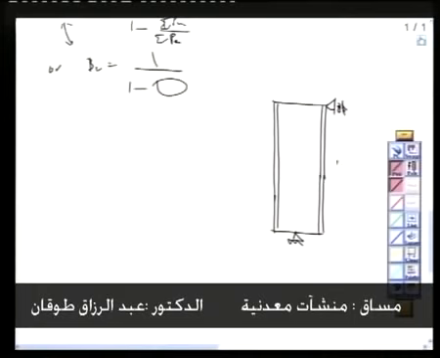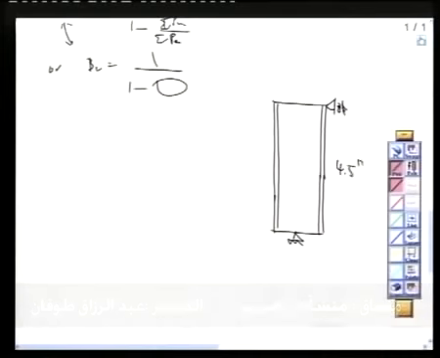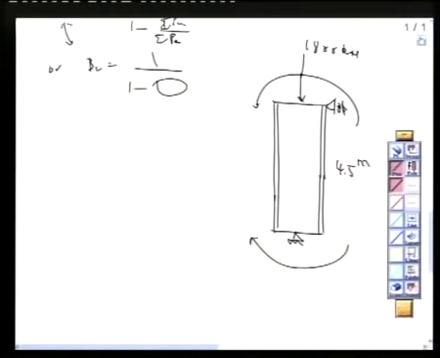Now, it is 4.5 meter long. It has an axial load of 1,800 kilonewton and a bending moment of 70 kilonewton meter.